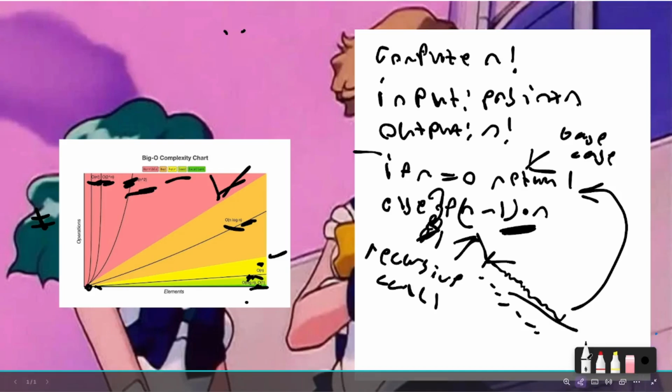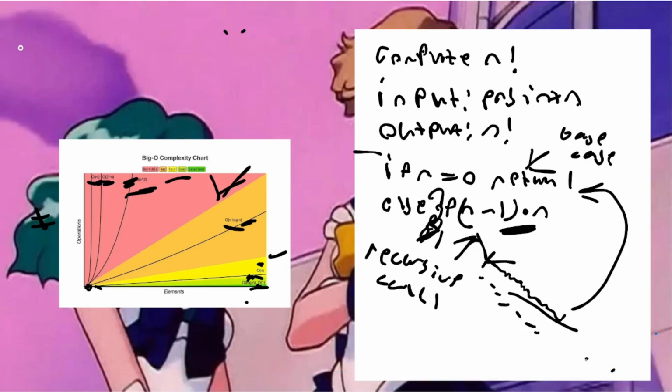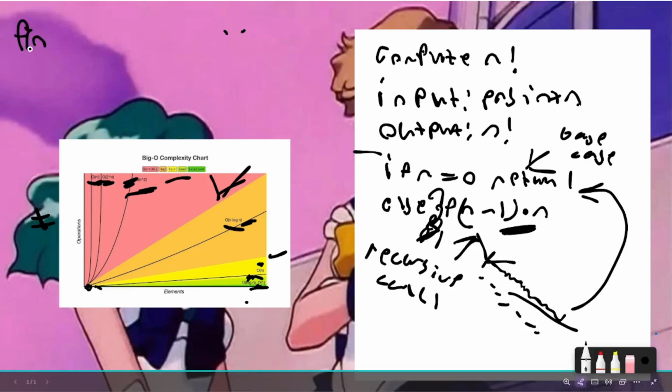So we can model the recursive call as F of n equals F of n minus 1 times n.